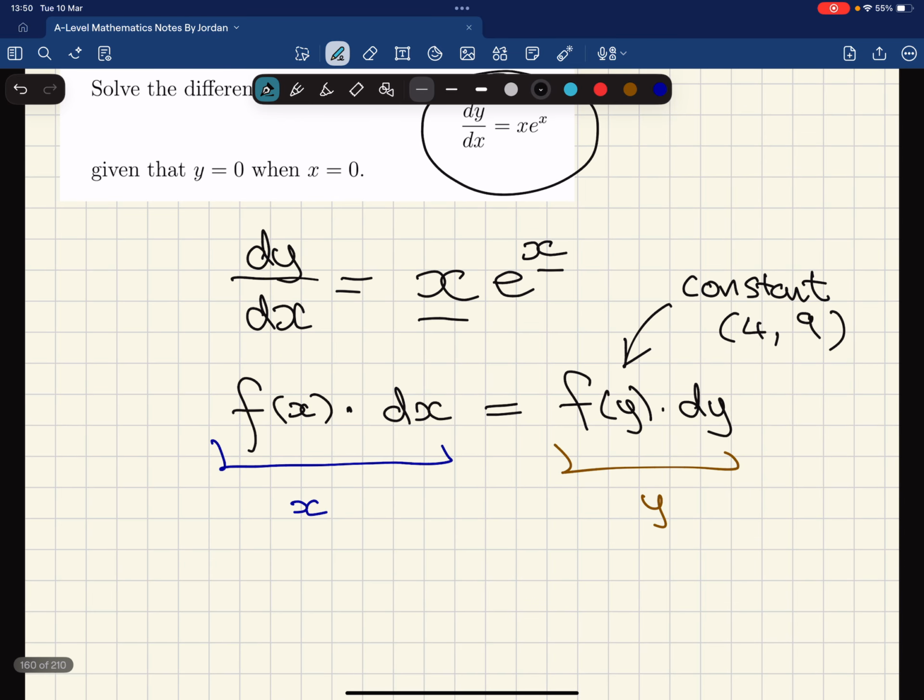So if I look at my differential equation, you see that I have dy in the numerator on this side, and I have dx in the denominator. The first thing I will do is I will move the dx to the right side, meaning I'm going to multiply both sides of this by dx. Let me write that.